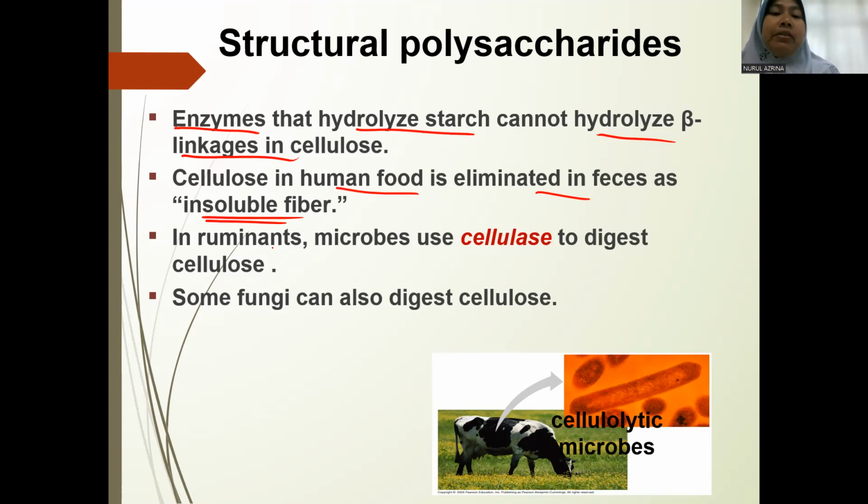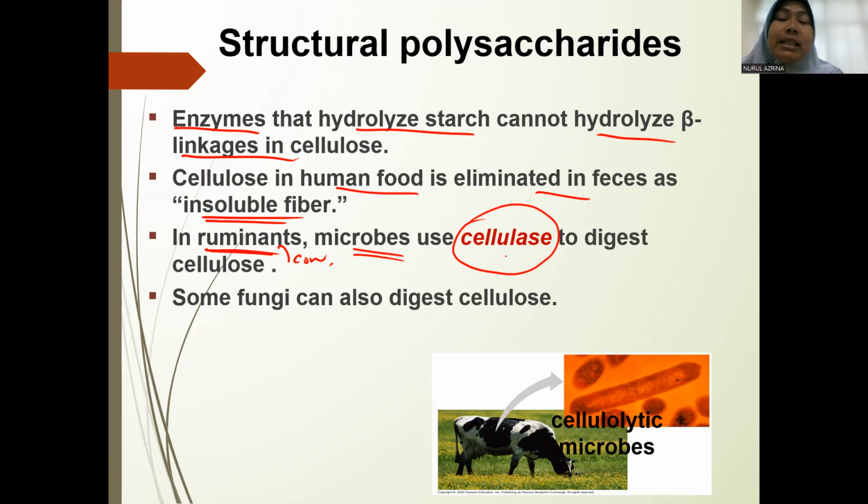Okay. But for ruminant, contoh haiwan-haiwan yang macam lembu, arnab, kan, so cow, goat, rabbits and whatnot. So in their stomach, right, they have microorganism that use cellulase enzyme, meaning to say they have enzyme in their stomach, and the enzyme known as cellulase.